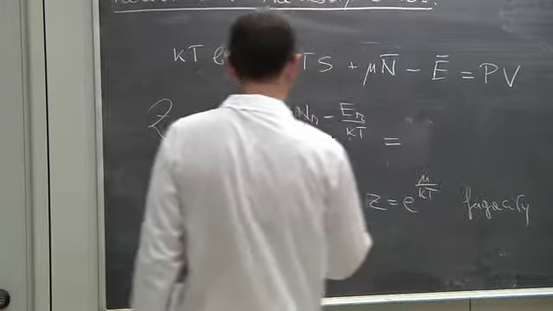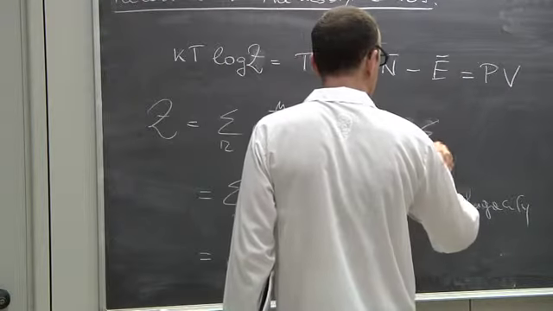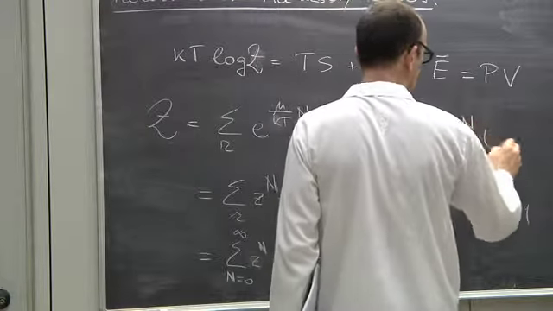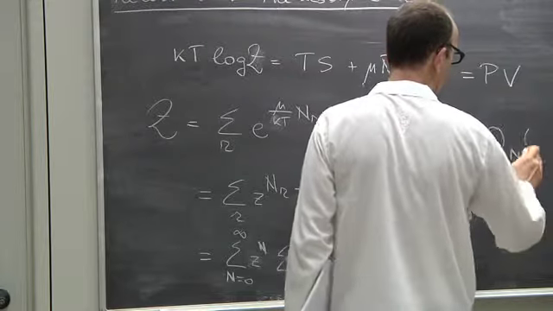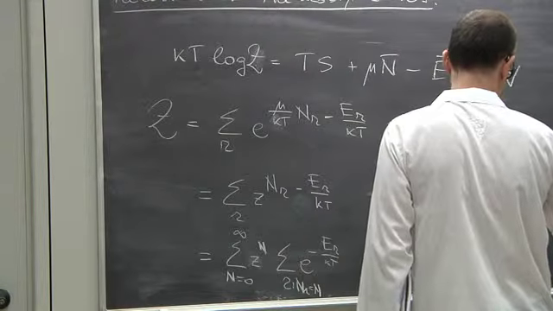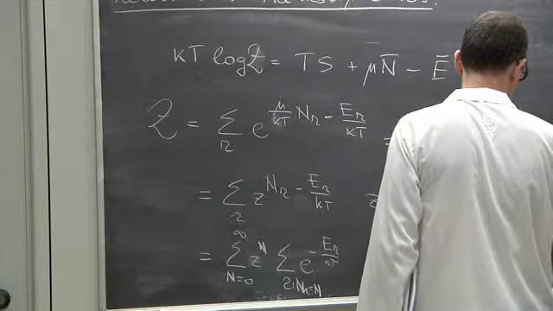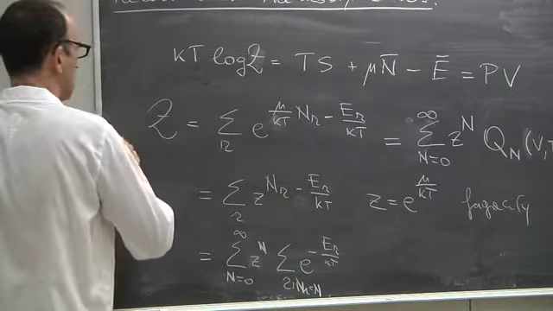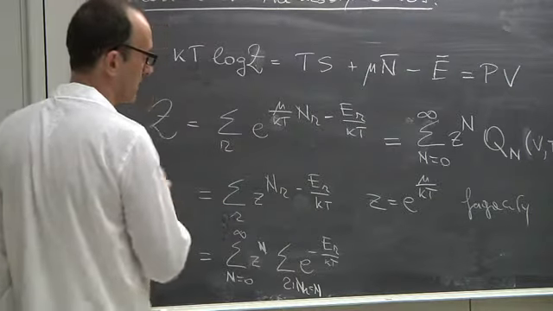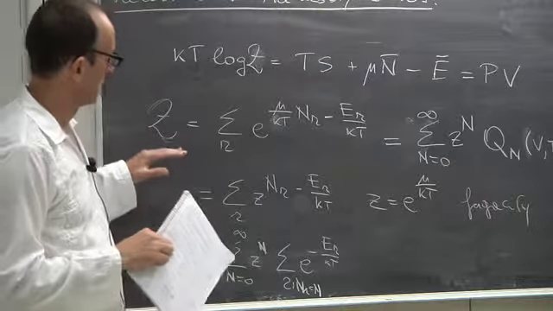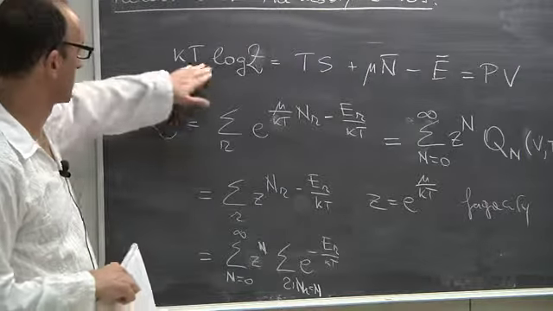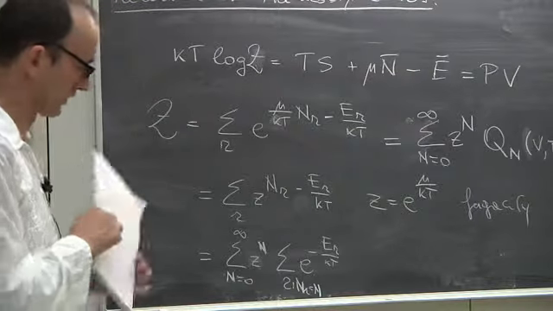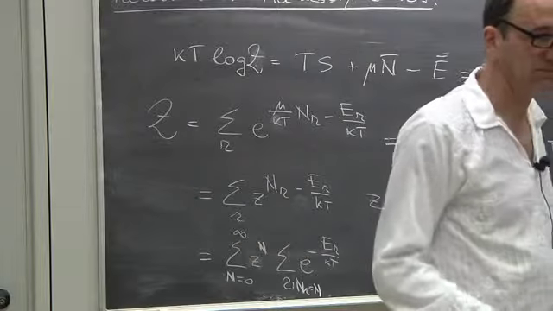So you can write the grand canonical partition function as the sum from n equal to 0 to infinity of fugacity to the n times the canonical partition function at volume V and temperature T. Okay. So the recipe is that you compute this number, and then you get the physical properties from this equation. So, yeah.